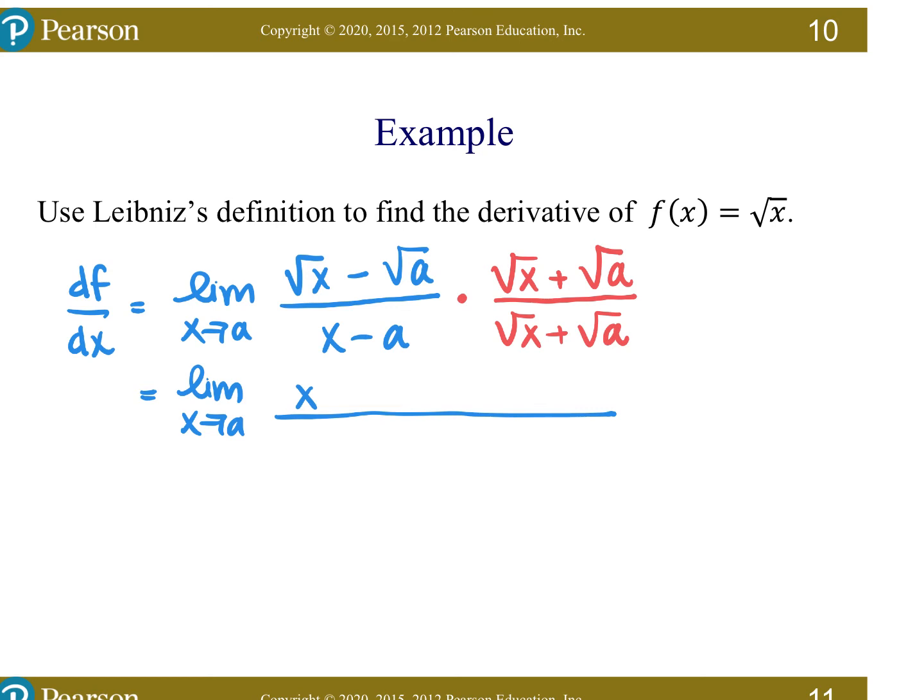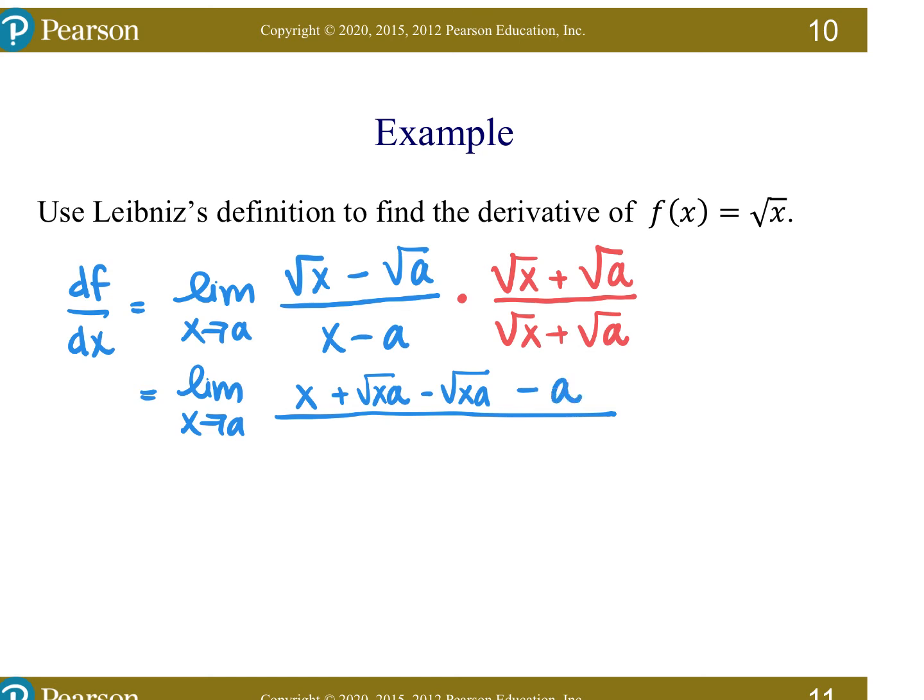The second part, rad x times rad a, is positive rad xa. Then minus the inside part, minus rad x rad a. And the last part, minus rad a times itself, is minus a.